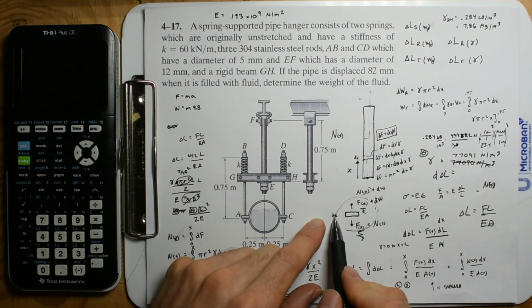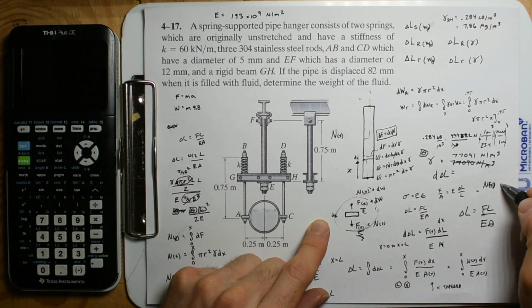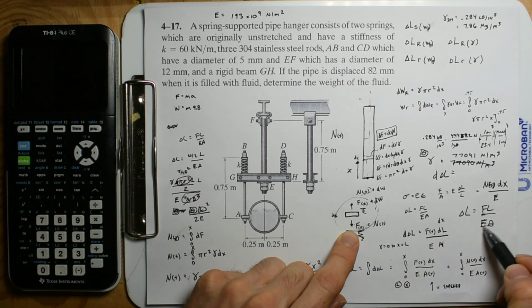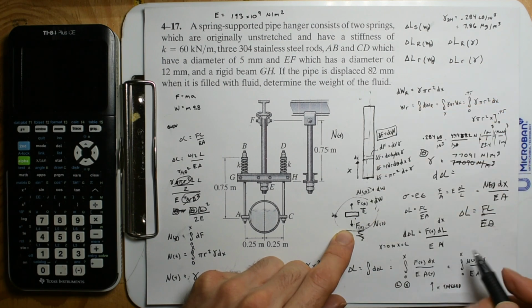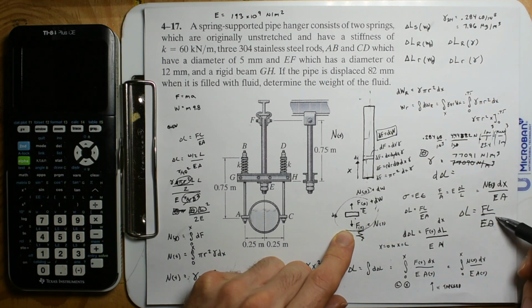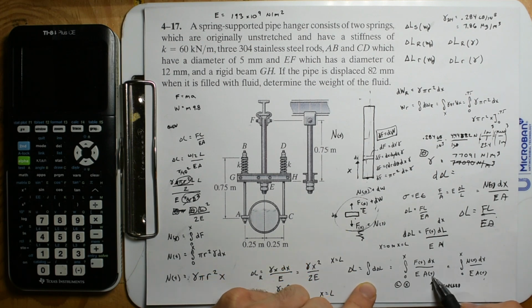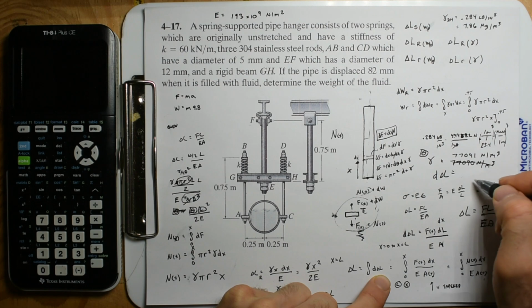The length of this is only dx. The material property is a constant, and the cross-sectional area is a constant, it doesn't change. If this does change, then it isn't a prismatic bar. And so this is the integral that we have.